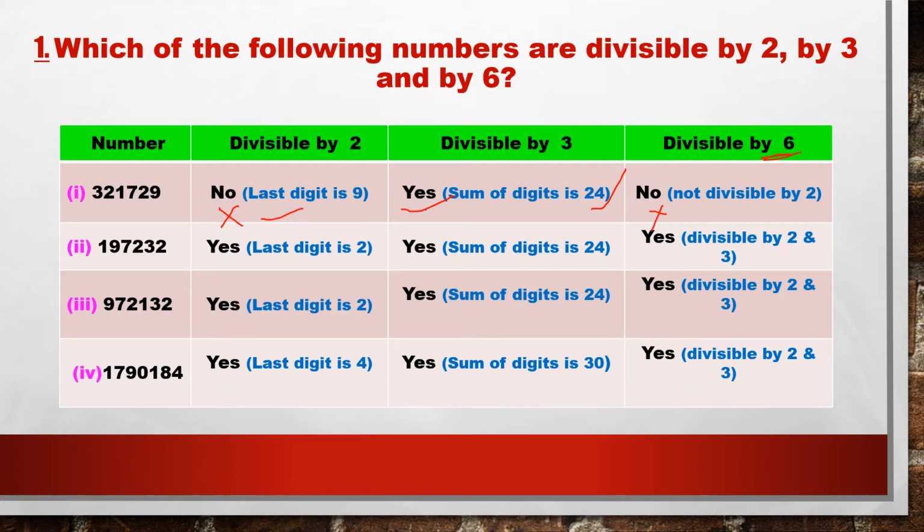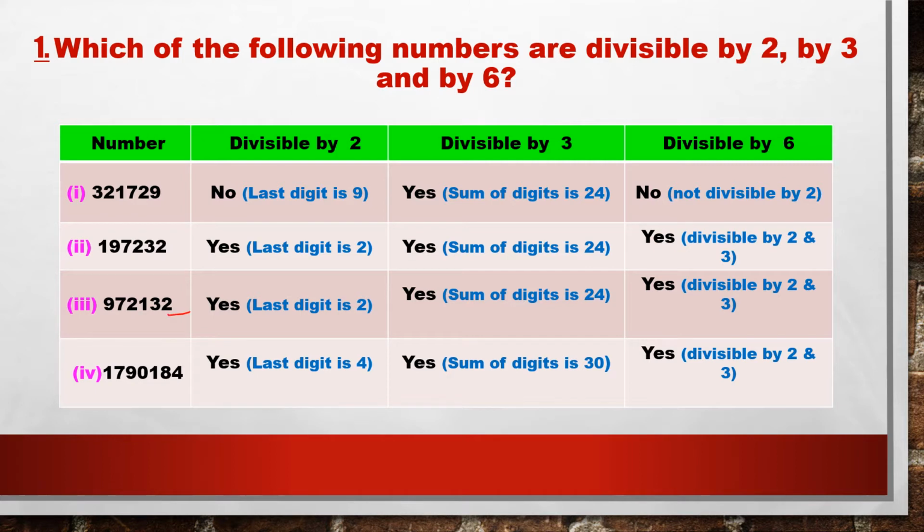For 6, if it is divisible by both, then by 6 also it is divisible. Now the last digit is 2 here, so it is divisible by 2. For 3, you should do the sum of the digits. Sum of the digits is 24, so it is also divisible by 3, because 3 eights are 24. Now it is satisfied by both of them, so it will be satisfied by 6 also. Next, last digit is 2.